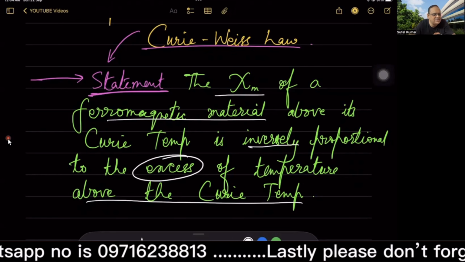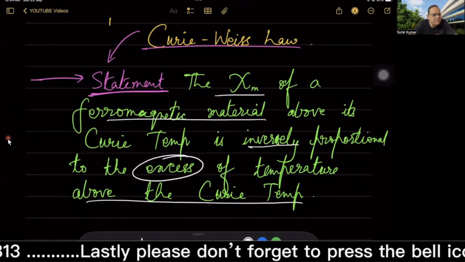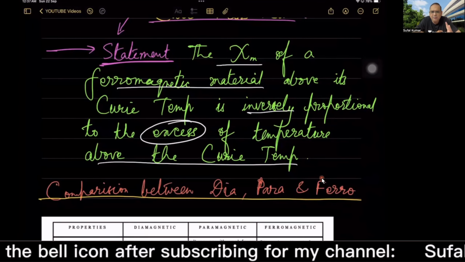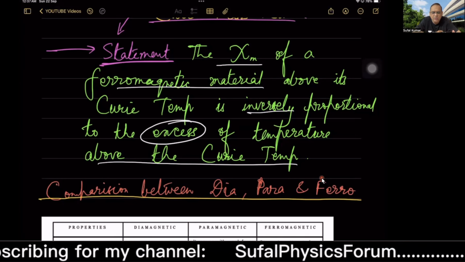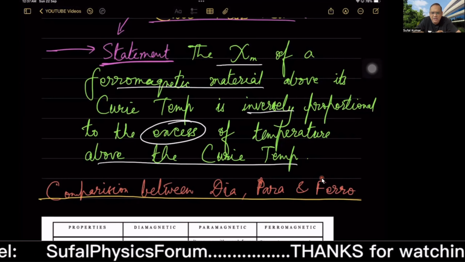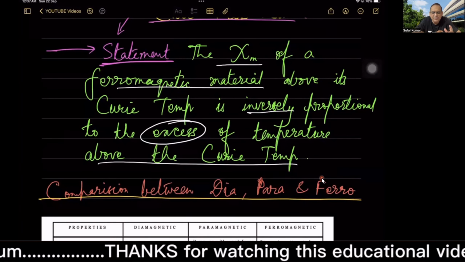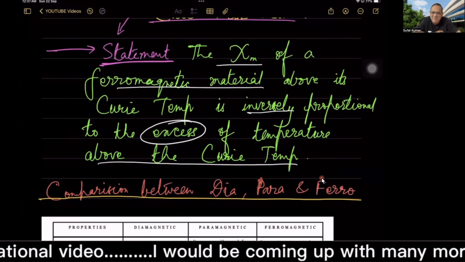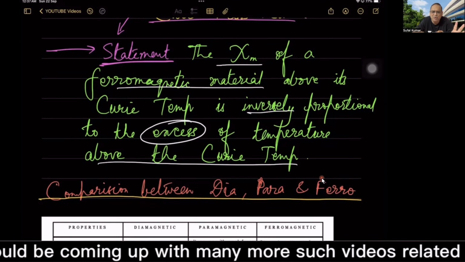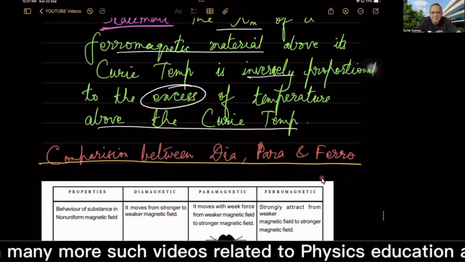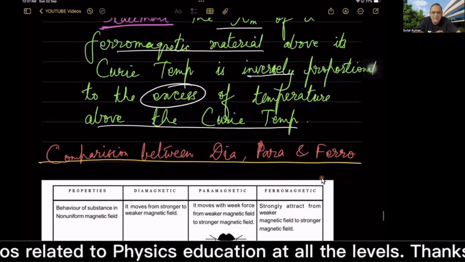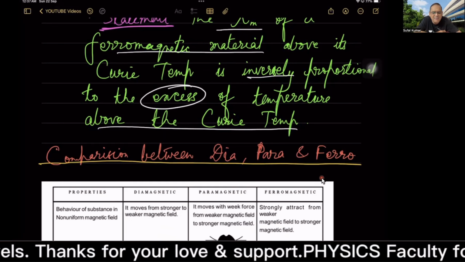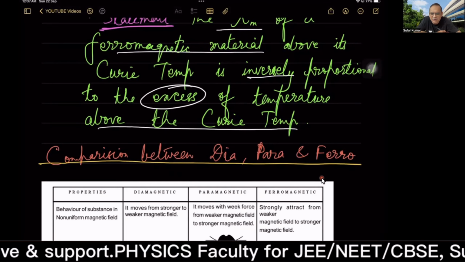Both we have discussed. Now here comes the comparison between dia, para and ferro. After completing both laws related to Curie temperature, we have already discussed Curie's law for paramagnetic and ferromagnetic both. Before doing Curie's law, I discussed a very small comparison between dia, para and ferro.